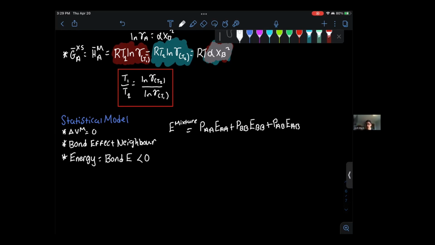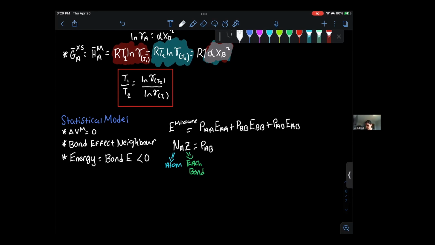Now, if we are trying to consider this in a different way, we can say the number of A atoms times the coordination number of our lattice. This is going to give us each atom. Our coordination number is going to consider each bond. This is equal to the number of AB bonds, right?